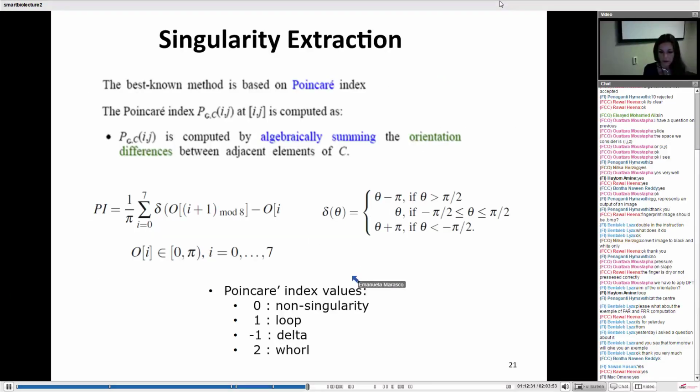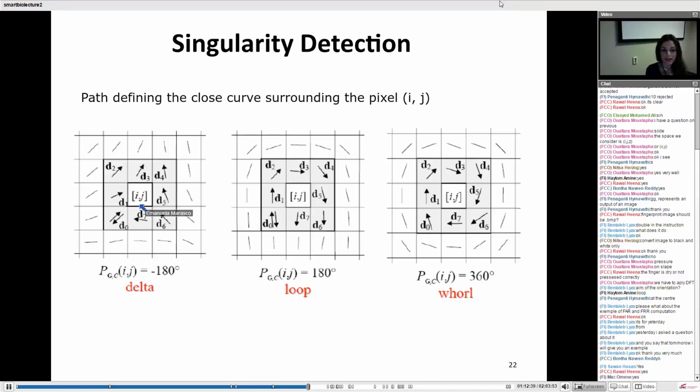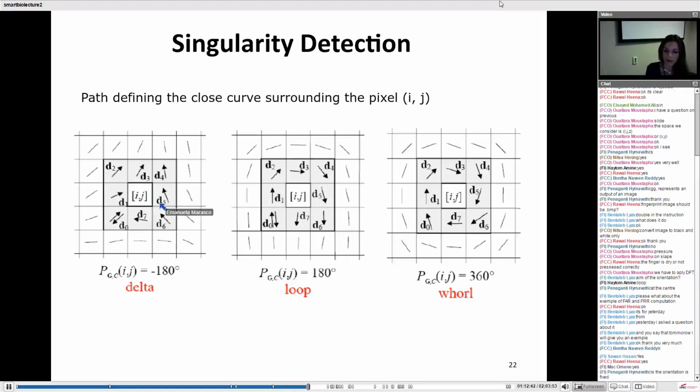If the result of the computation is minus 180, then divided by minus 180 according to the formula, minus 1, then we have a delta at this point. Right? You can tell from the orientation of the neighborhood. Is the orientation fixed?